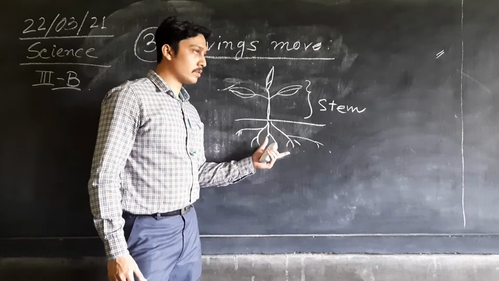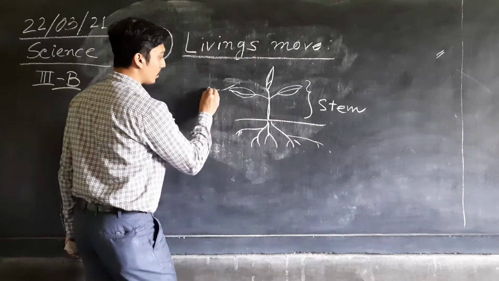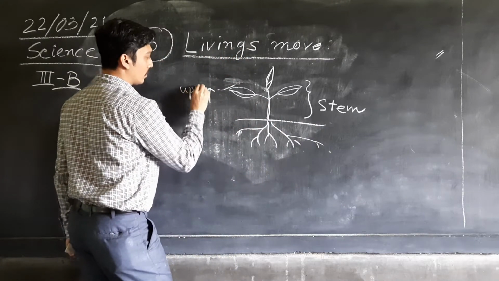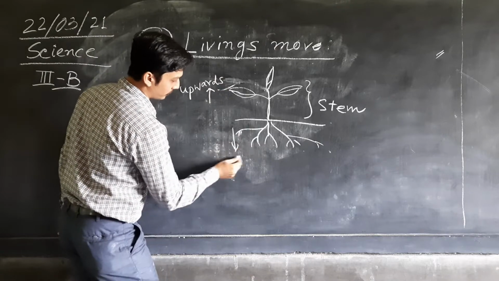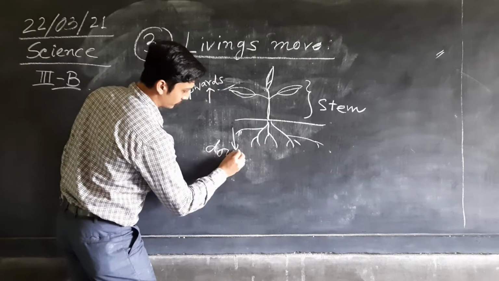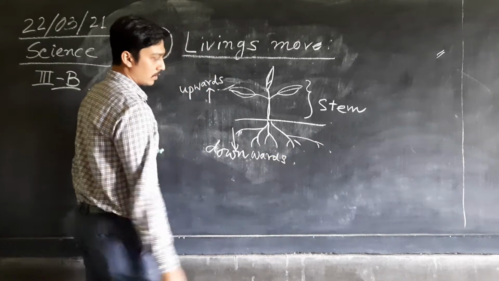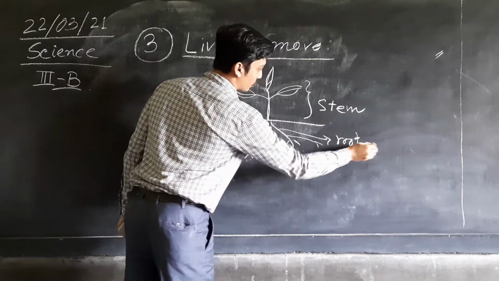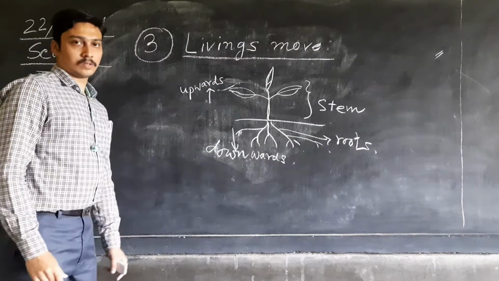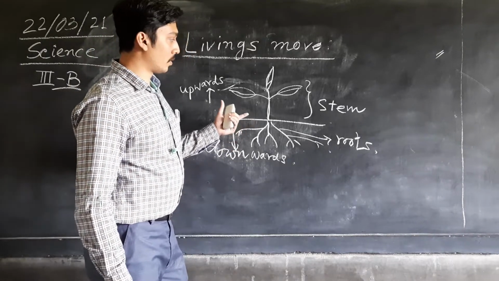The stem grows upwards and the roots grow downwards. So they can move.